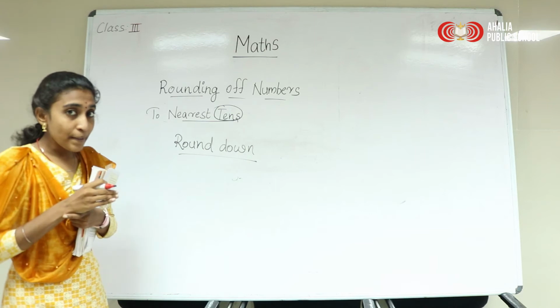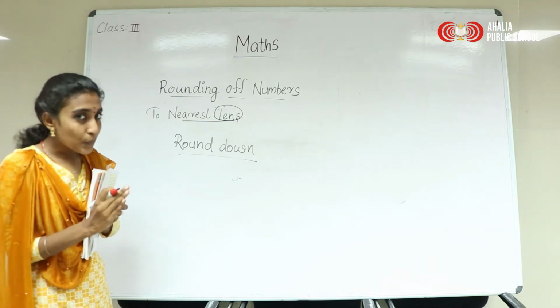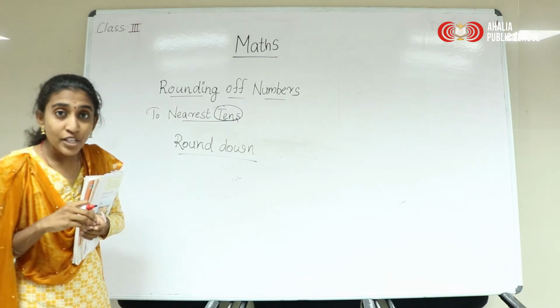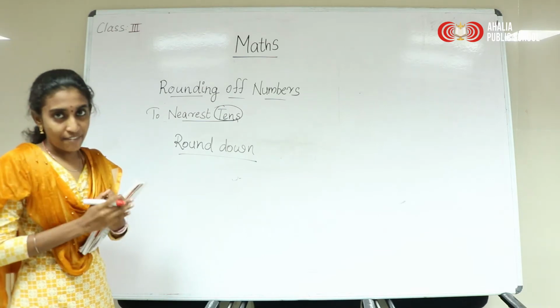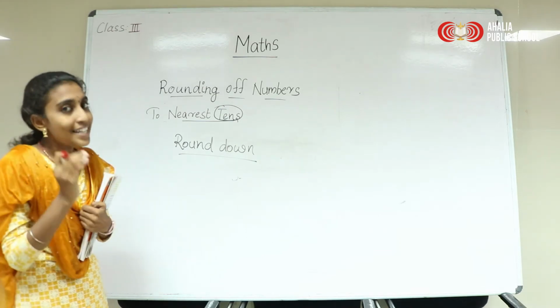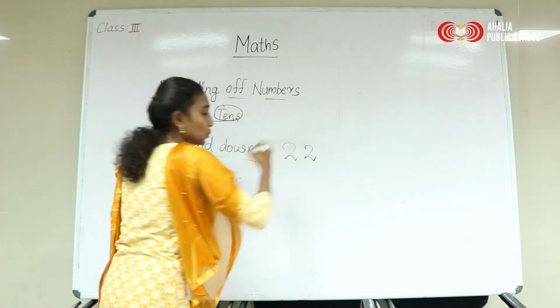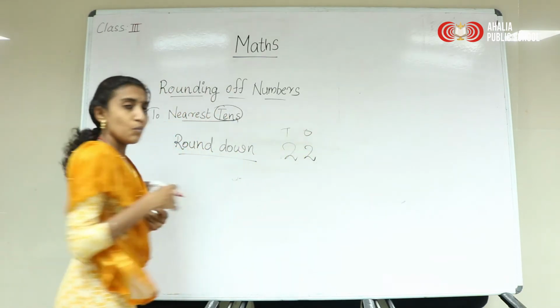In the previous topic, we checked whether the number in the ones place is equal to 5 or greater than 5. Here we have to check whether the number is less than 5. Have a look, children. 22. We check the number in the ones place.